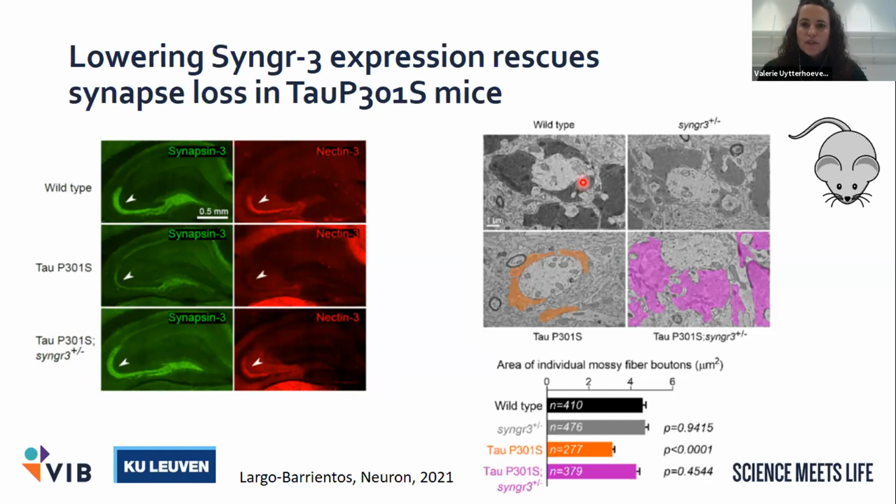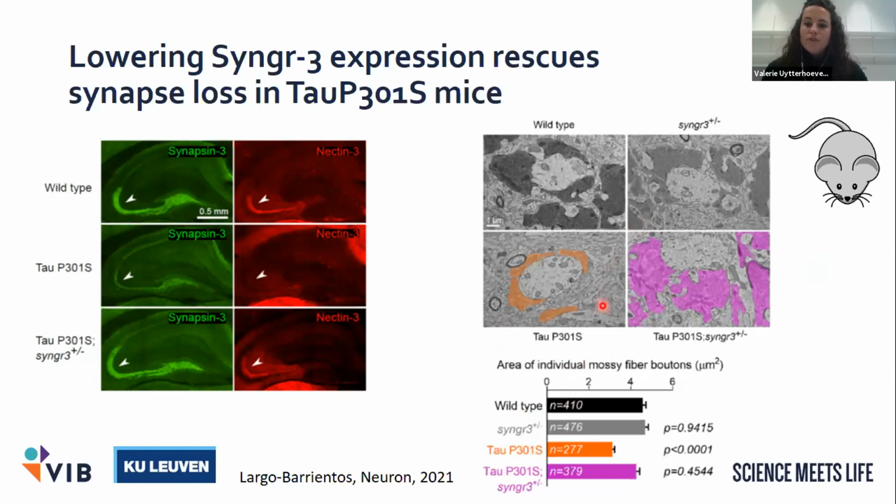Also at ultrastructure level, we quantified the size, the area of the mossy fiber boutons in the hippocampus. We see that in the Tau P301S mice, this area is significantly reduced compared to wild-type littermates.